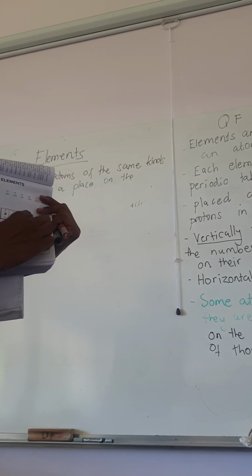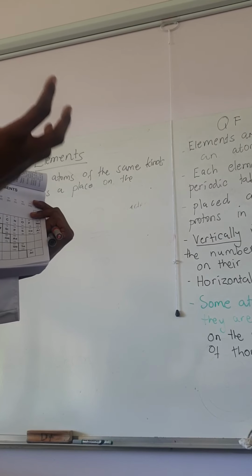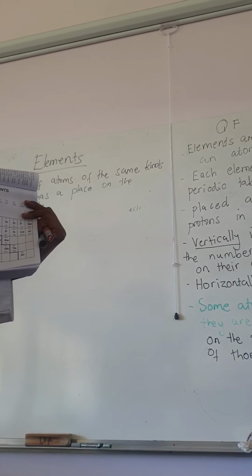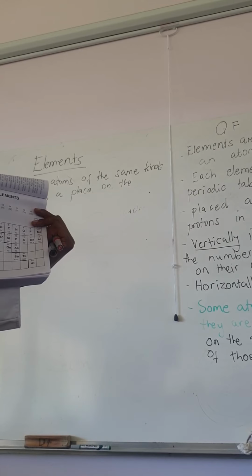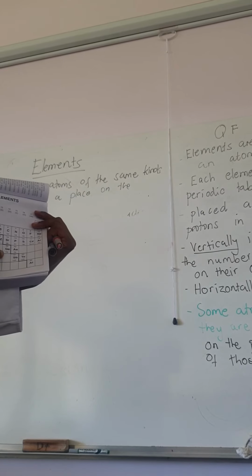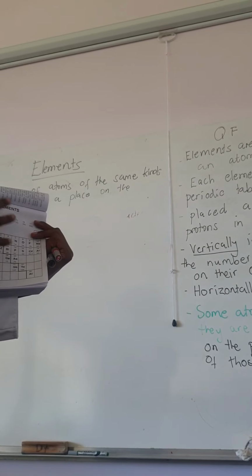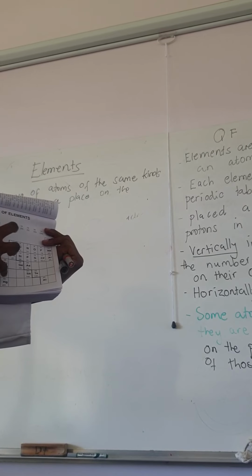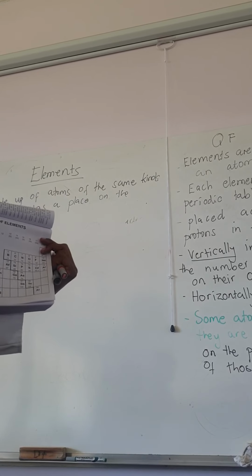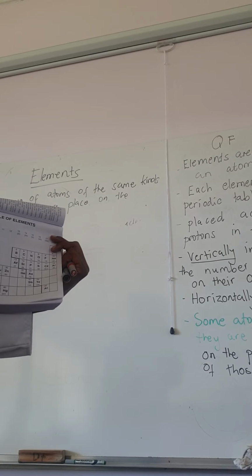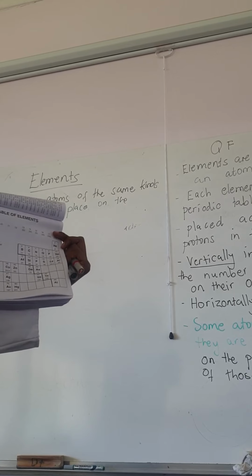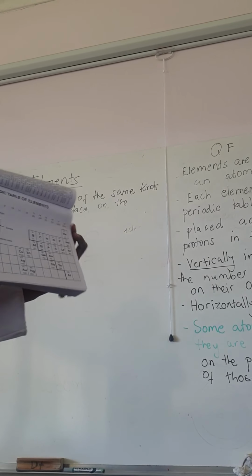When they are in the same horizontal, it means the outermost energy level is the same. So don't worry about the periodic table. We are going to discuss this in detail in our next lesson, but I just wanted you to have an idea of what a periodic table is and where we find these elements.